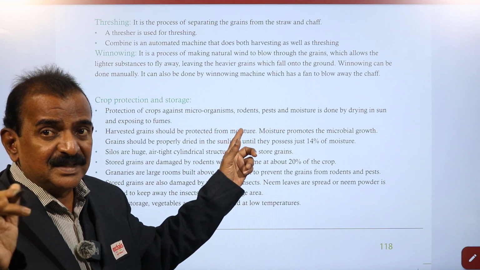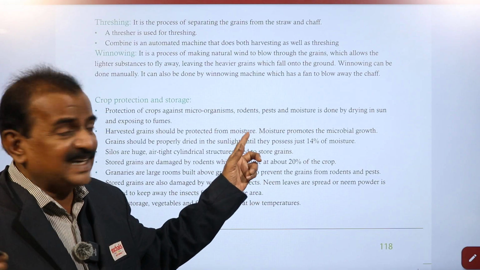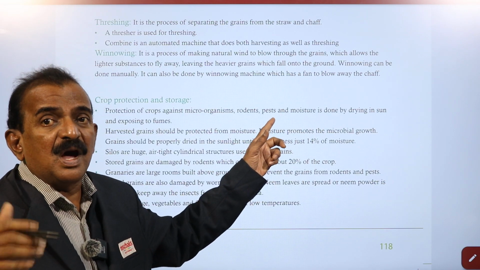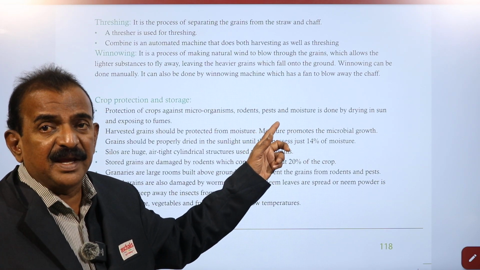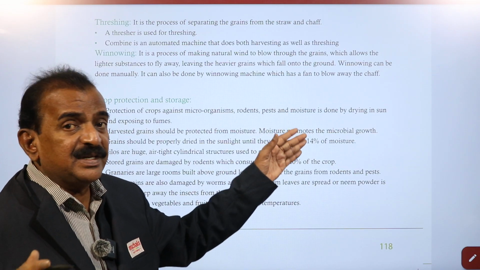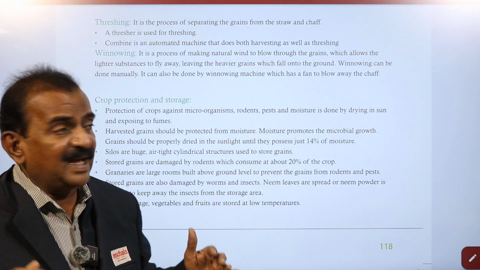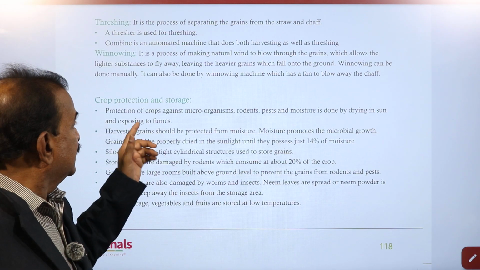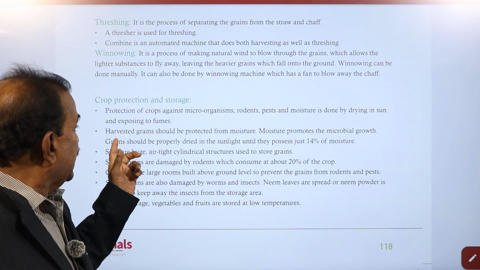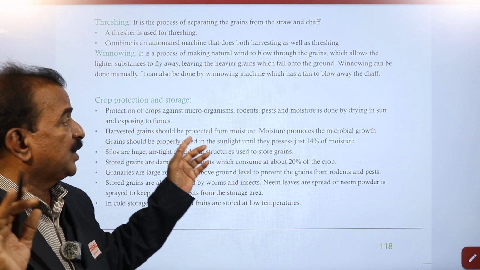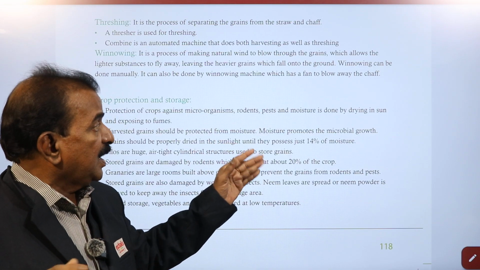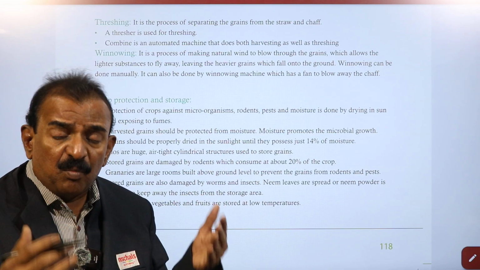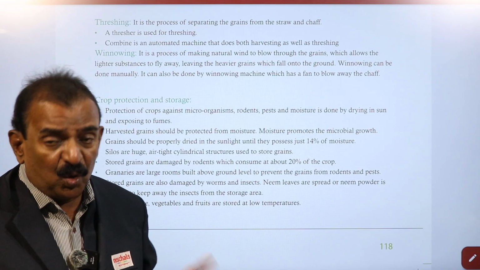I told you about rodents, which are nothing but rats, and pests. So all these are bacteria, fungi, and pests. And moisture also causes great damage to the seeds or the crops, that is the grains. Harvested grain should be protected from moisture, and moisture, I told you, promotes microbial growth.